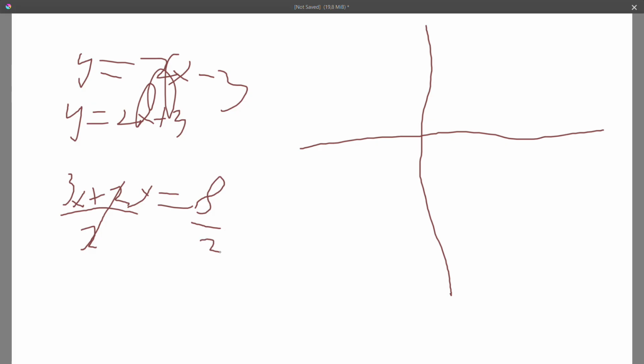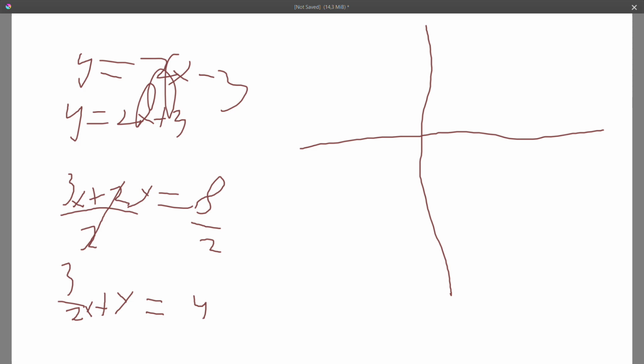So we get 4. So now we have 3 over 2x plus y is equal to 4. But still, I can't find the slope here. So we could change some stuff around. I could minus 4 on both sides.